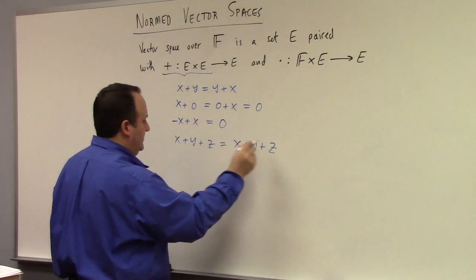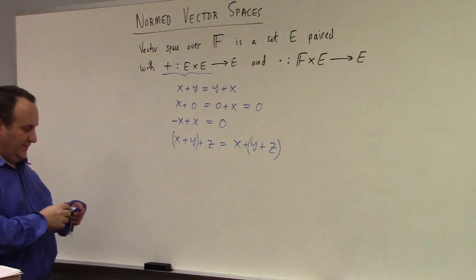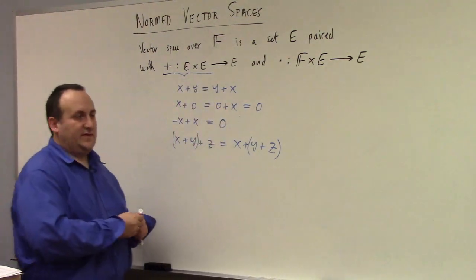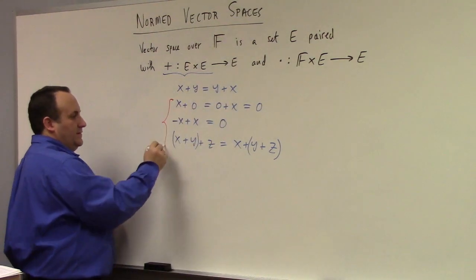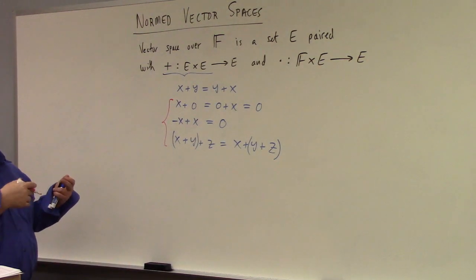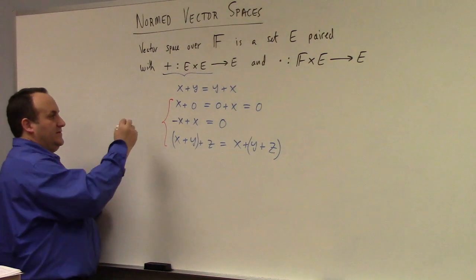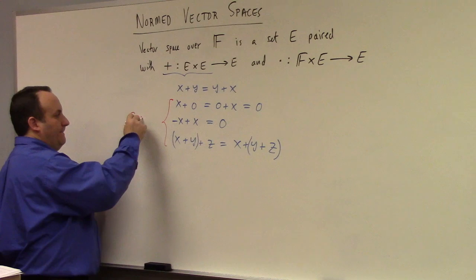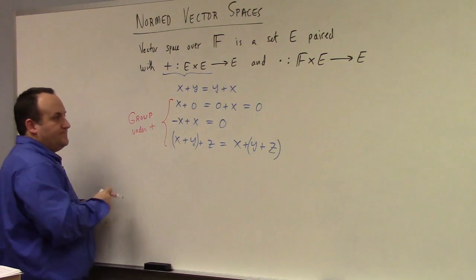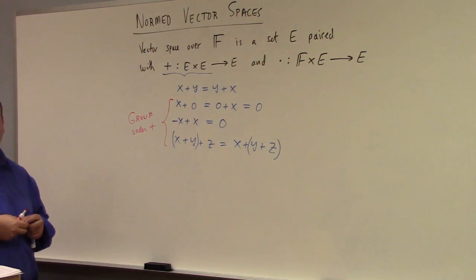If you look at the three things I just wrote, this says that if we look at the vector space E with respect to its addition, it's a group under addition, where 0 is the identity and the inverse is negation.